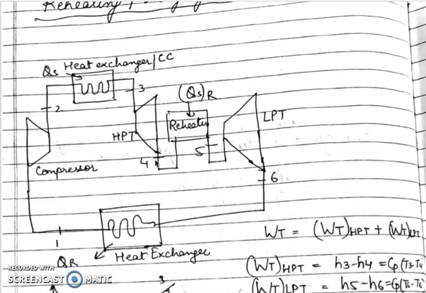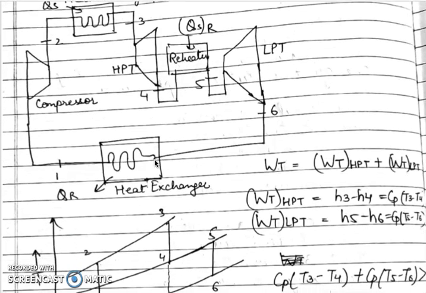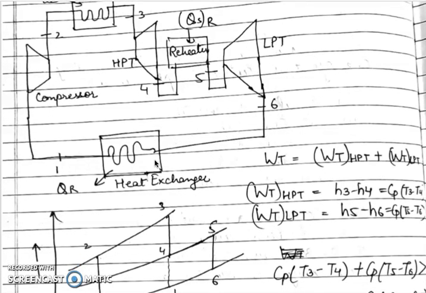As we can see from the schematic and from the TS diagram, the expansion in the turbine is divided into stages, stage 3 to 4 and stage 5 to 6, and between these two a reheater is used, which will reheat the air.